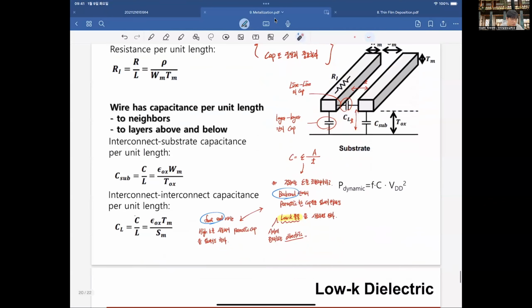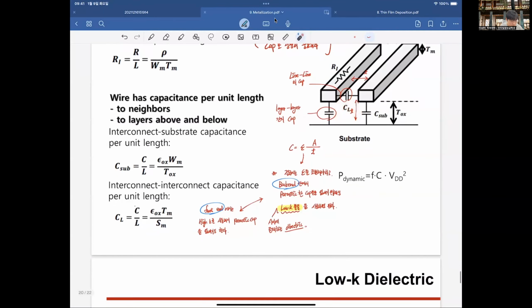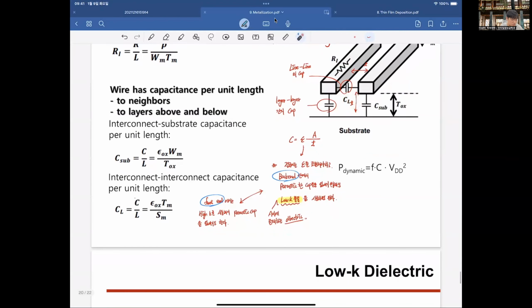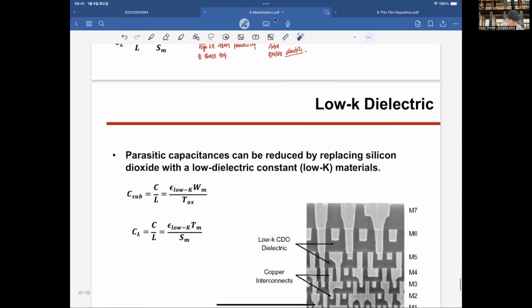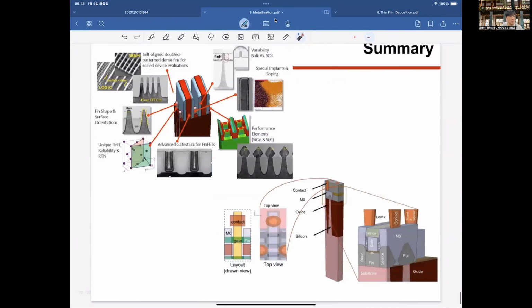So how do we reduce this capacitance? We use low K material to fill this area. So usually we use these low K materials, such as void or other things. Okay, thank you, and that's it.